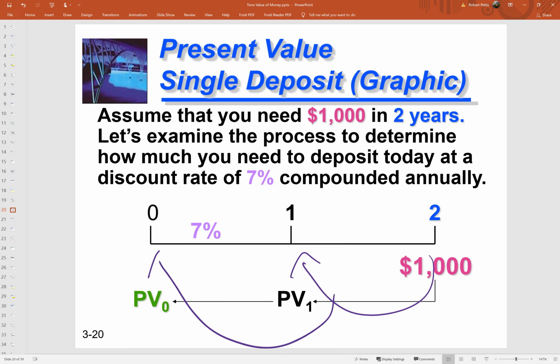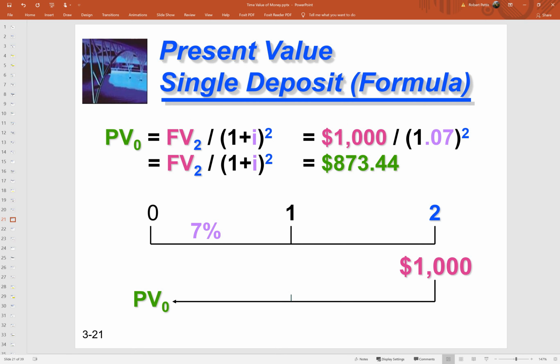So what are we going to do? Well, instead of multiplying by 1 plus the interest rate raised to the power of n, we're going to divide instead. Okay, so in other words, this $1,000, we're going to discount it back one period, and that's going to be 1,000 over 1.07.